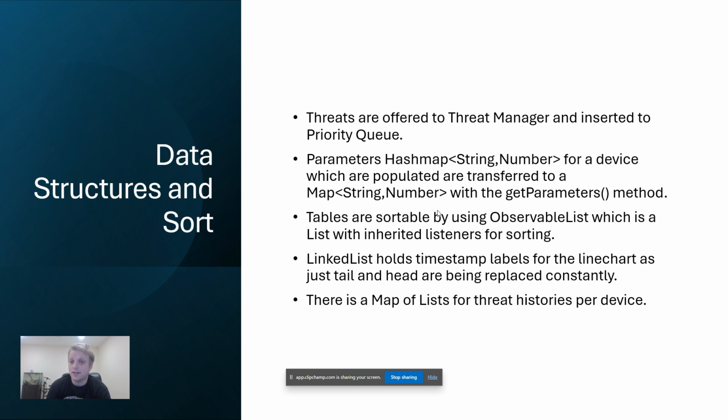Tables full of devices and threats, which are sortable, use an observable list, which is a GUI component of JavaFX. I have a linked list for holding timestamps for the line chart in my application. There's even a map of lists of threats for their histories per device.